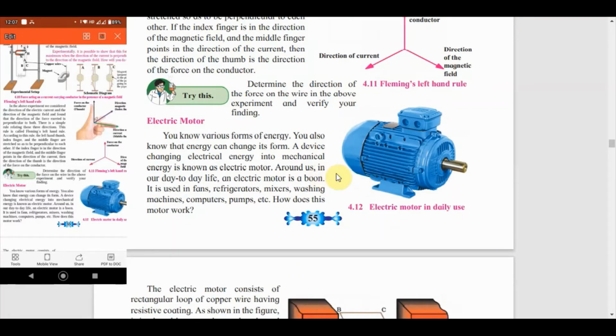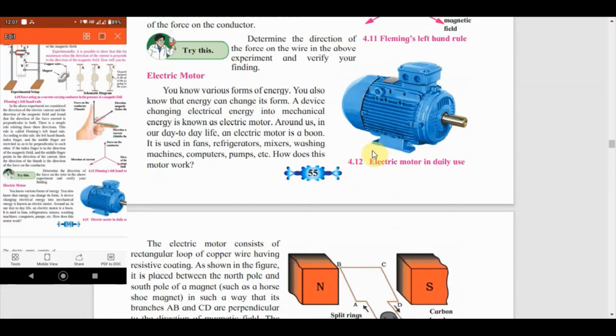Now, what do you mean by electric motor? In our day-to-day life, everywhere electricity is used, and in most places you will find an electric motor. Maybe in your refrigerator, washing machine, phone, air conditioner.